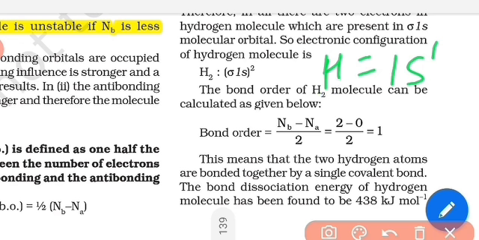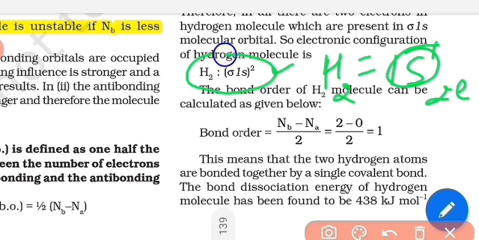So when two hydrogen atoms combine, we get the hydrogen molecule, which contains two electrons, and these two electrons will go in the lowest energy molecular orbital, that is sigma 1s2. So this is the electronic configuration for the hydrogen molecule.